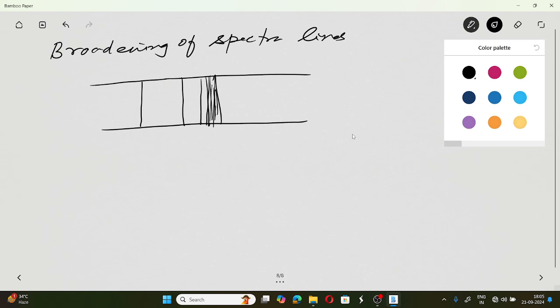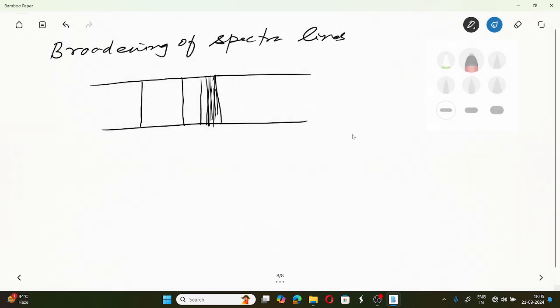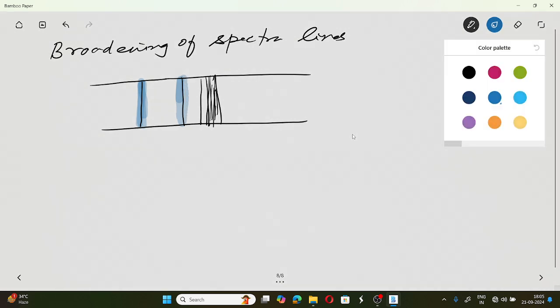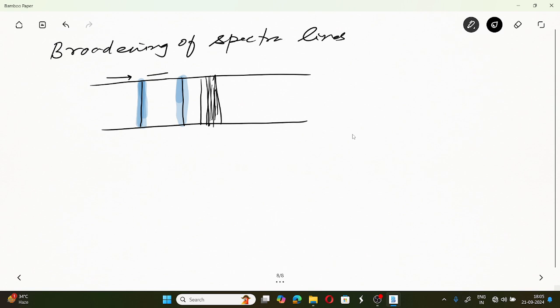Even for these lines, which are supposed to be discrete, it was observed that they are quite broad. What does it mean? That means there is some uncertainty in the determination of their frequency, on this frequency axis.